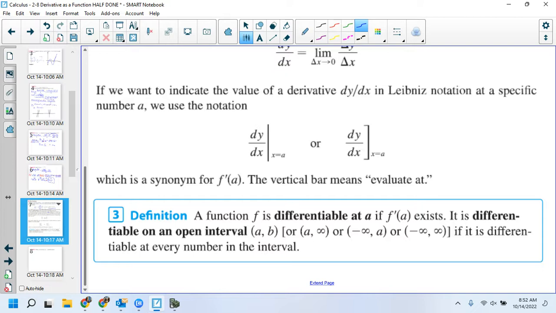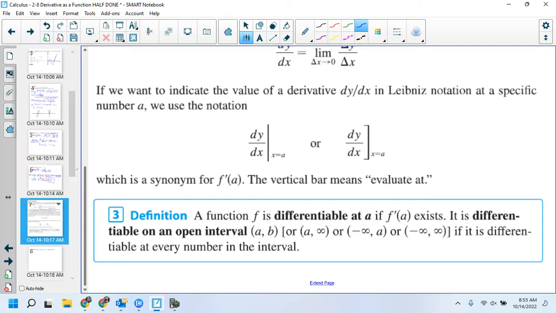Okay, one other thing that we're going to talk about is when a function is called differentiable. A function f is differentiable at a if f prime of a exists. That's basically the best way to put it. If it doesn't exist, it is not differentiable at that moment.